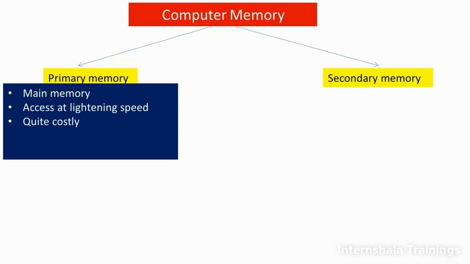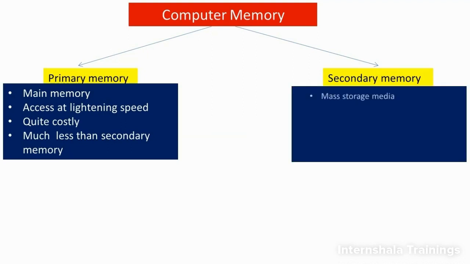It is quite costly as compared to secondary memory. Then it is much less in amount than secondary memory in a computer system. If we talk about secondary memory, this is used for mass storage. It is a mass storage media.